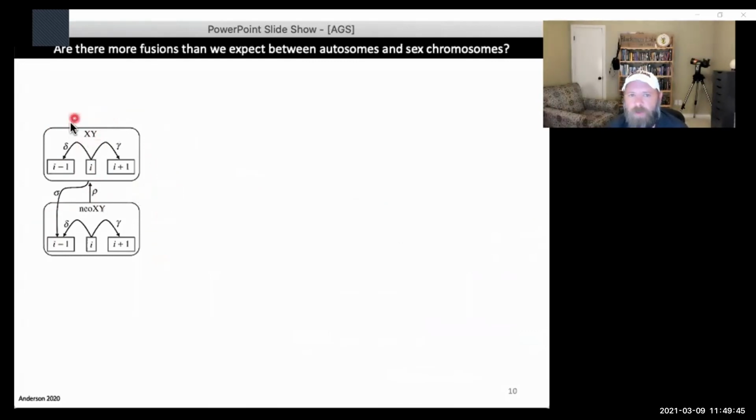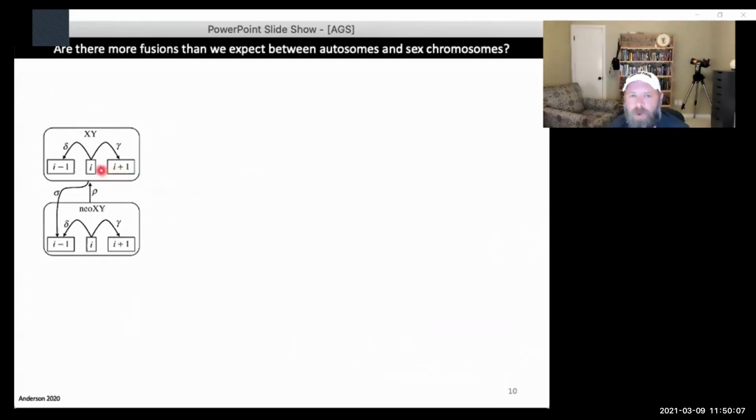And while we have this XY sex chromosome system, we have 2 possible transitions that can occur. A lineage could start out with I chromosomes, and it could have a fusion event that would lead to I-1. So that would be a fusion of an autosome and an autosome. It could also have a fission event leading to I+1 chromosomes, and so that would be a fission of an autosome.